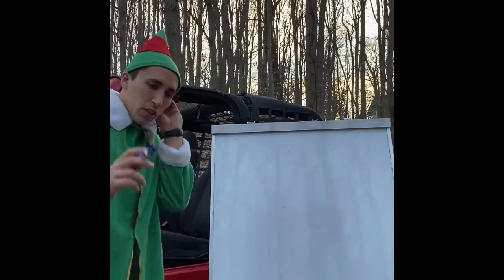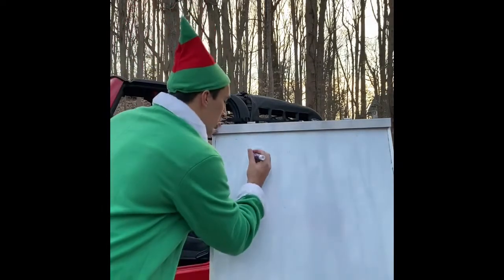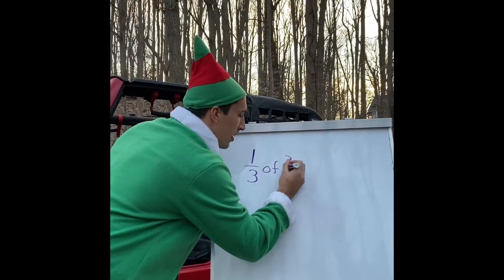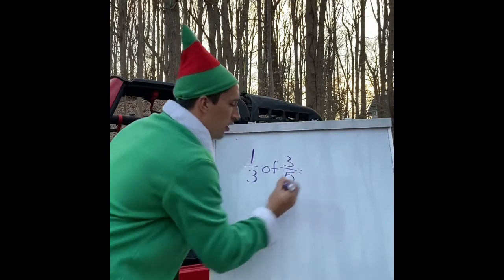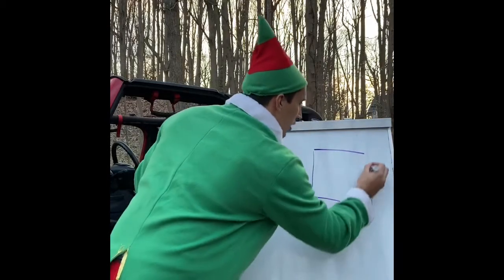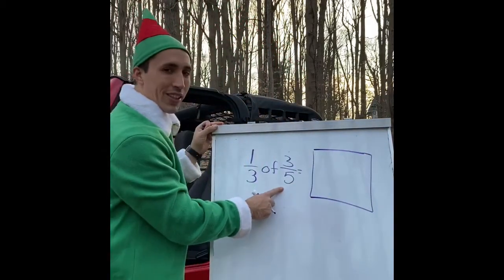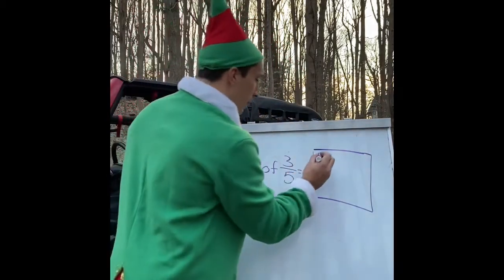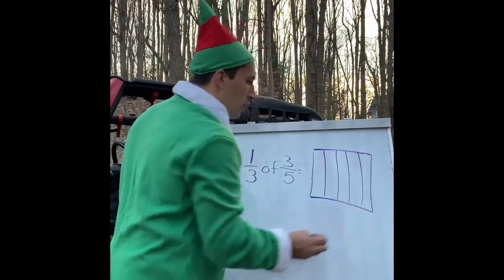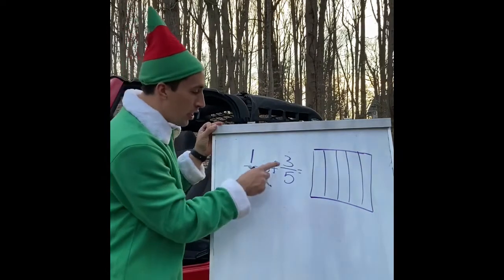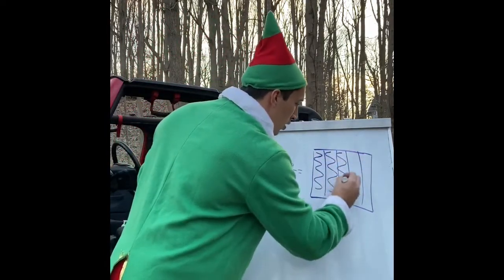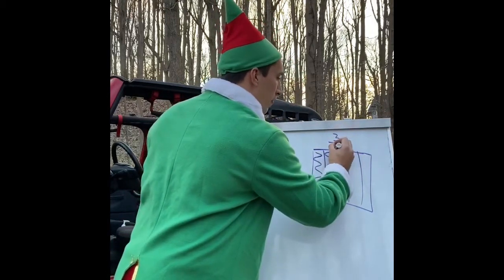Now it's time for us to do one together. Let's look at 1/3 of 3/5. If we're going to draw this out, I'll draw my rectangle, and I'm going to cut it into fifths. I'm going to shade in 3. This is 3/5.